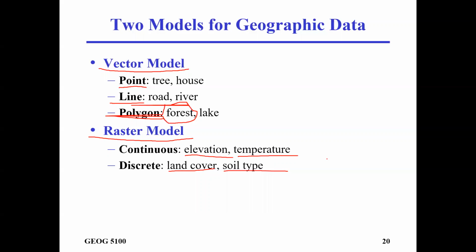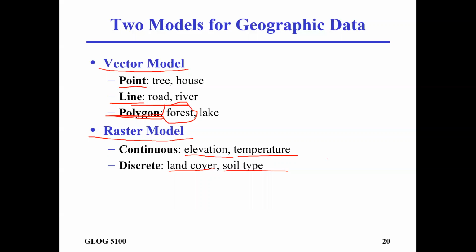But what I want to say here is that there is no absolute good or bad between the vector model and the raster model. You always want to choose the more suitable one to serve your purpose.